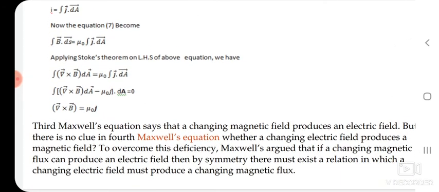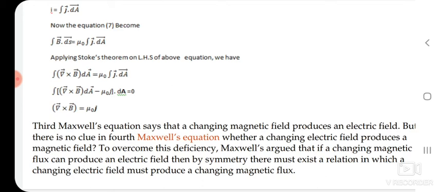This equation tells that a changing magnetic field produces an electric field, but there is no clue in Maxwell's fourth equation whether a change in electric field produces a magnetic field.